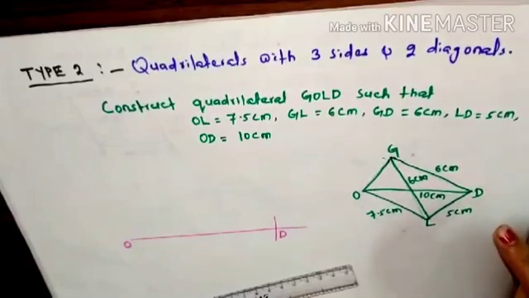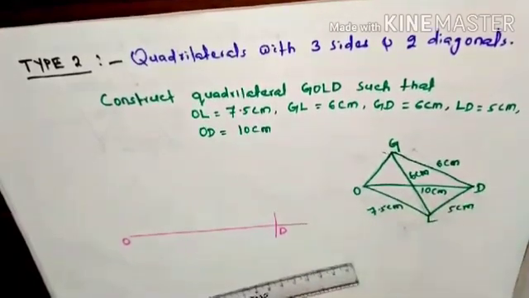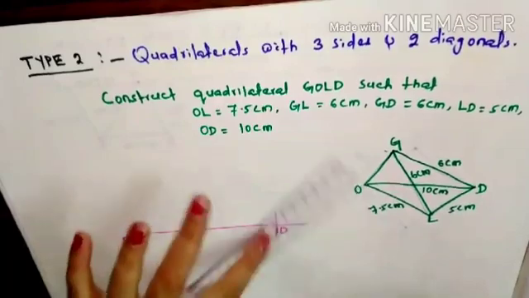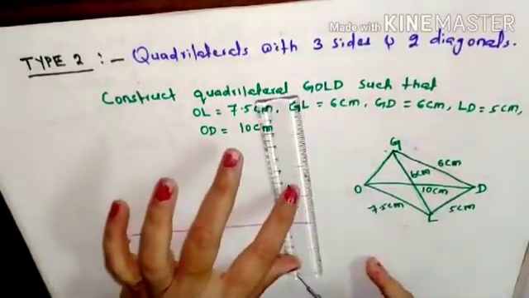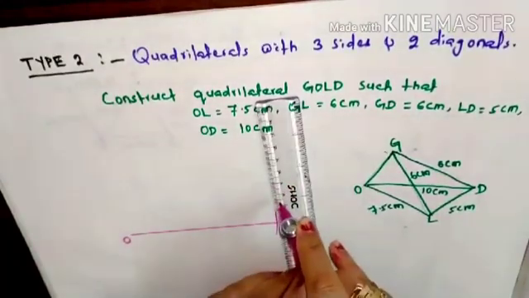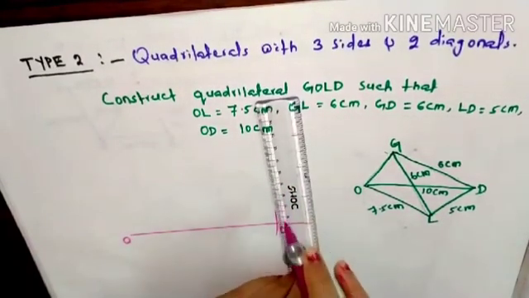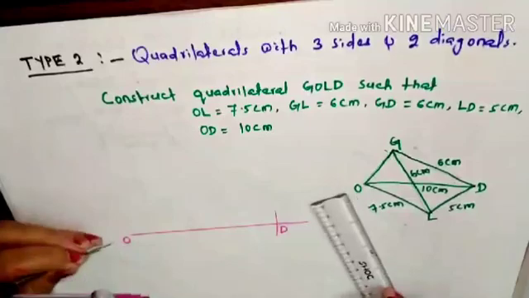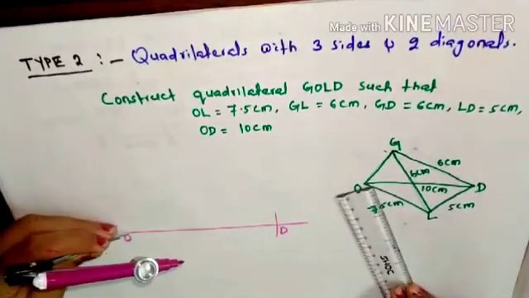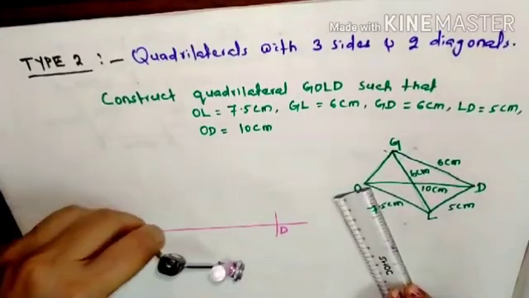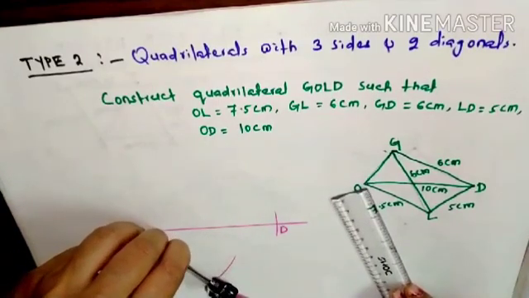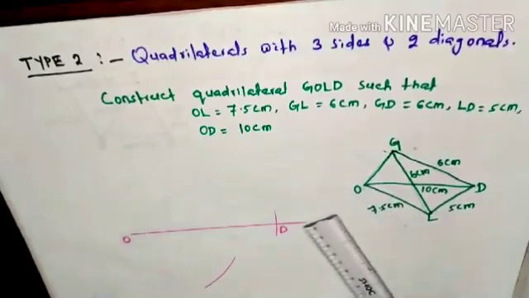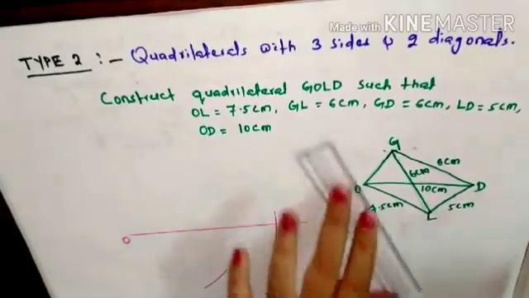So let us try to draw this triangle first. Again, OL I have to take 7.5 cm. Taking O as a center, draw an arc at a distance of 7.5 cm. Then DL is your 5 cm.